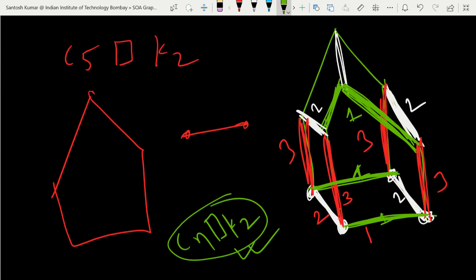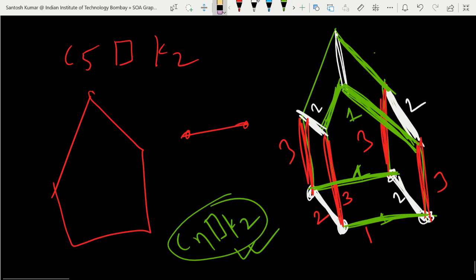So if you use 1 here, and so this is 1. Okay, one three one three two.